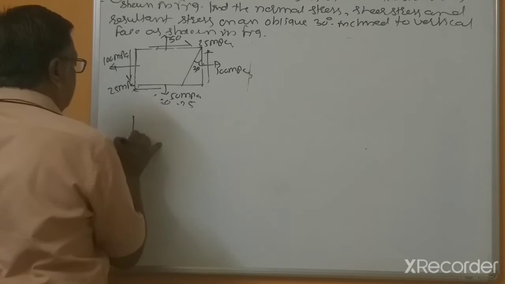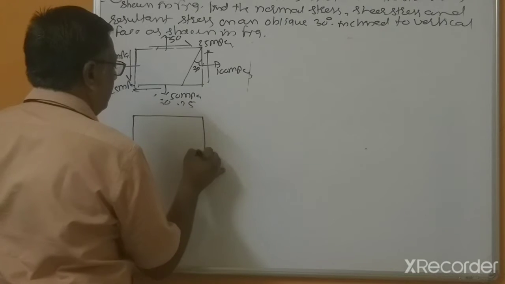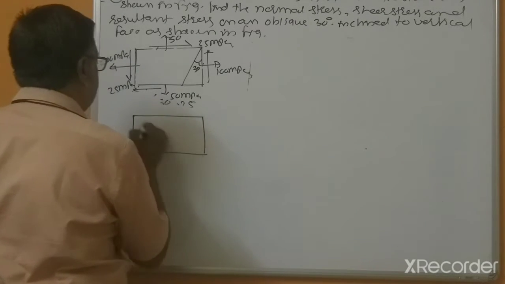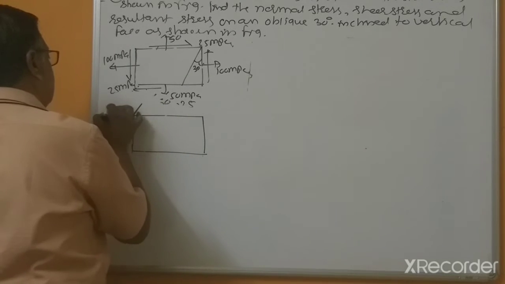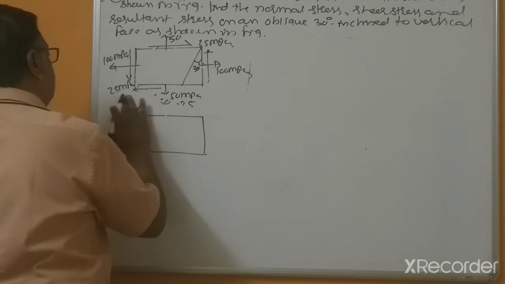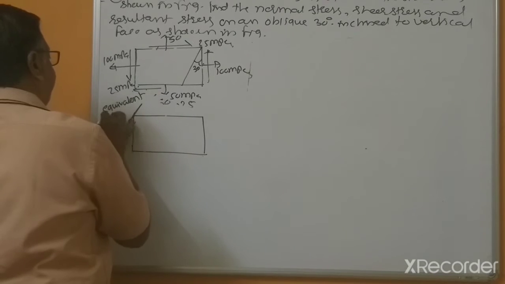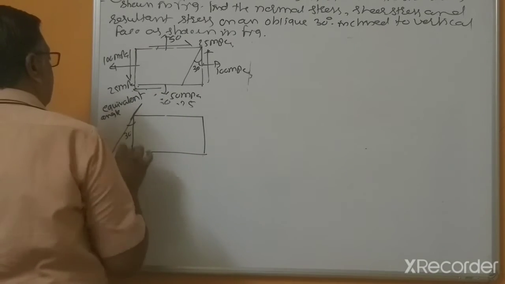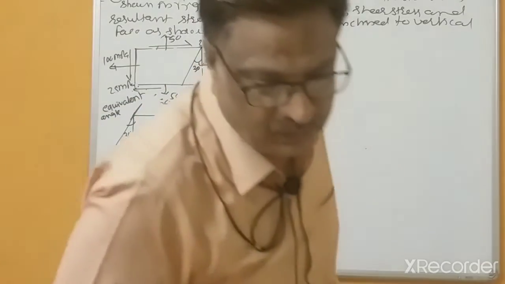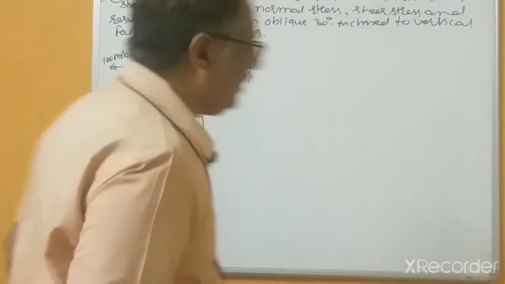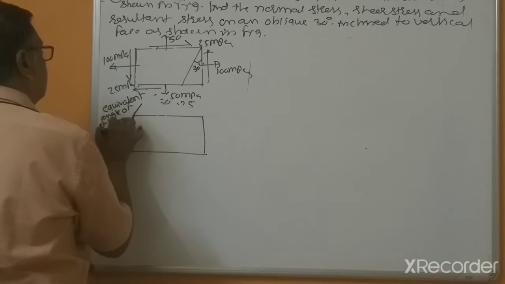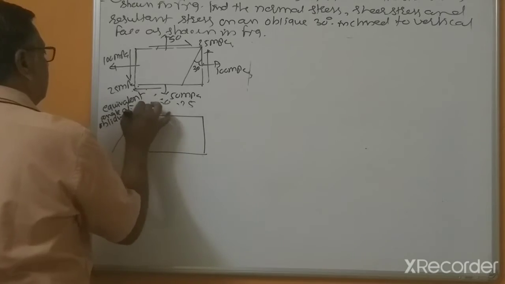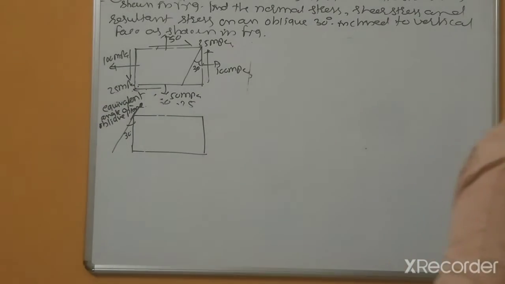So I draw this line. This is a 30 degree angle, the equivalent angle of the oblique plane. The rest of the things remain the same.